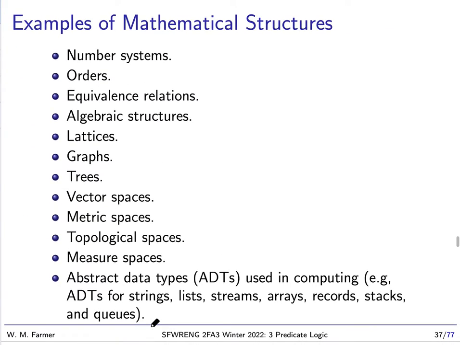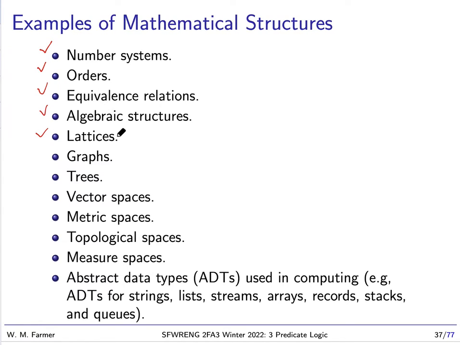So I've given some examples of mathematical structures. We have number systems. We just talked about some of those for natural numbers and rationals and reals. We have orders, like partial orders, total orders, equivalence relations. We've talked about these. There are algebraic structures. I've already mentioned some: semi-rings, rings, fields.